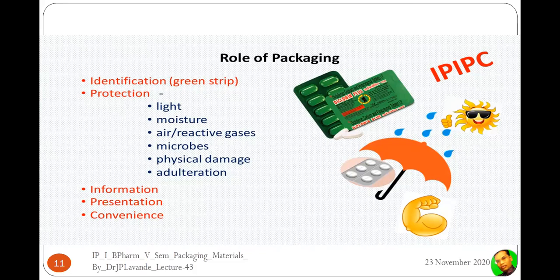It gives the manufacturing details, like the manufacturing batch number, who has manufactured, when, what is the license number, the date of manufacturing, the date of expiry, and who marketed the product. It also gives any instruction related to storage, any kind of warning, and directions for use. So all this information is provided on the packaging.